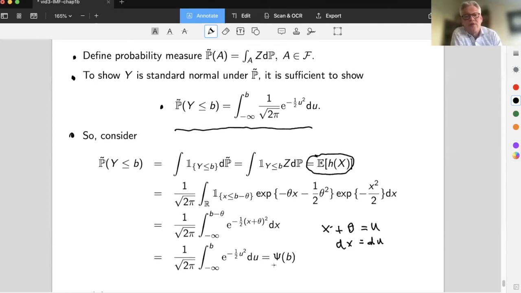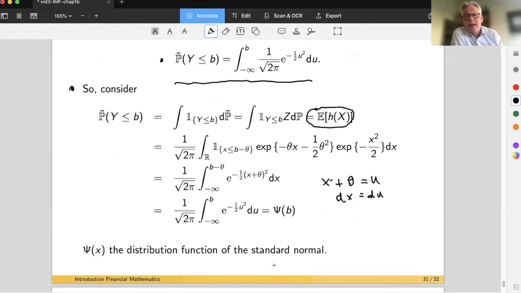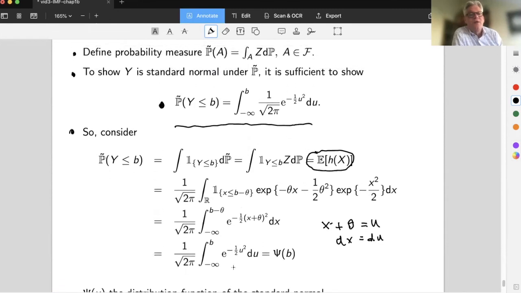And indeed, we have concluded that the probability P tilde of Y is indeed the standard normal. So we have shown that Y is standard normal under P tilde.